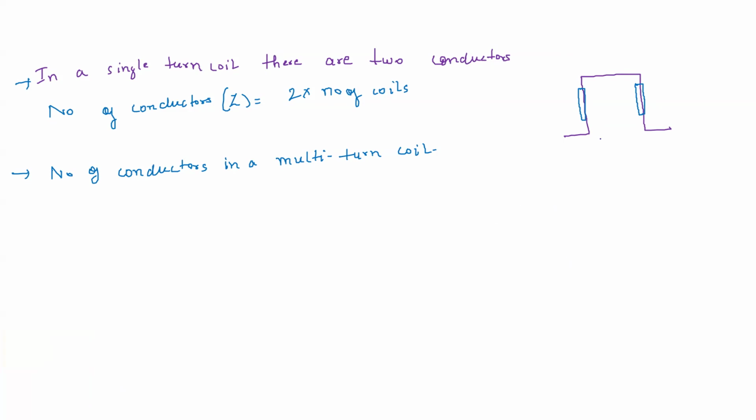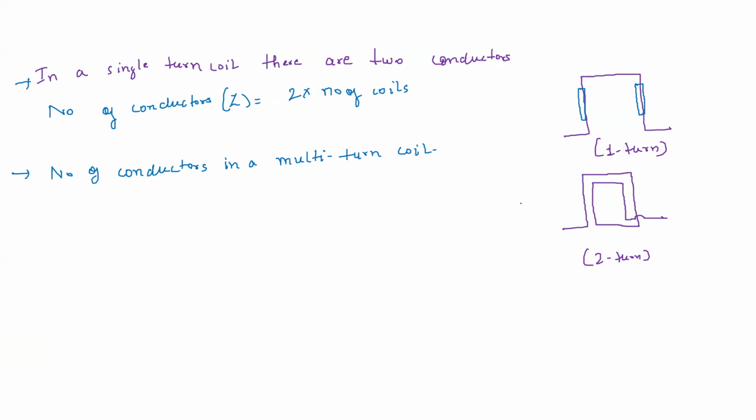Let us suppose this is 1 turn. So let us see about the 2 turn. Now in a 2 turn coil, it will be something like this. So like this there are 2 turns. Now what about the number of conductors?